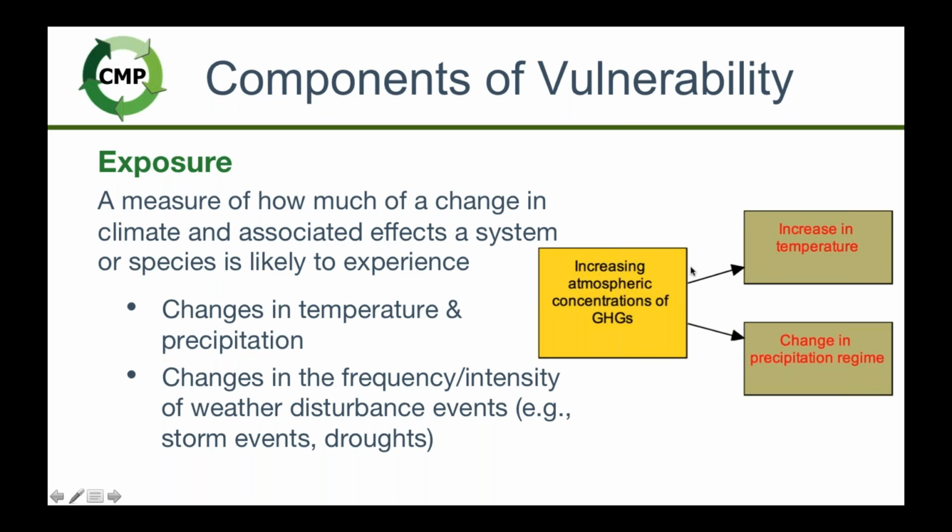As we have increasing atmospheric concentrations of greenhouse gases, the direct effects of that, if you're thinking of this graphically in the form of a conceptual model, the things that you have just to the right of increasing atmospheric concentrations of greenhouse gases are increase in temperature and some sort of changes in precipitation regime. Those are very common exposure factors.